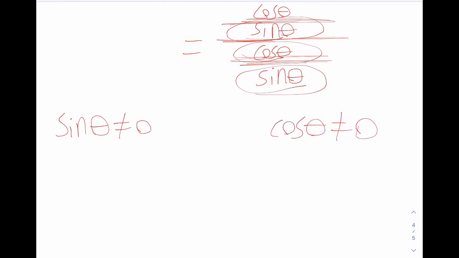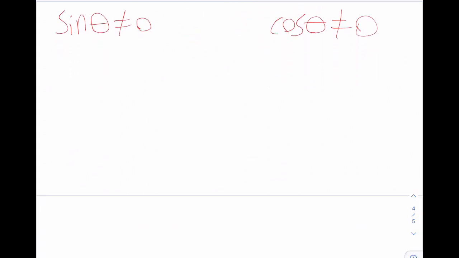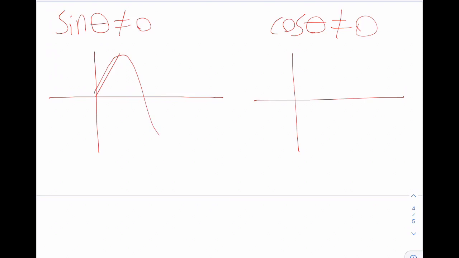Now, let's draw the sine and cosine graphs to see which values of theta cannot equal 0. So we draw the sine graph like that, and this is going to be our cosine graph. My sine graph starts here, guys, and it goes like that.